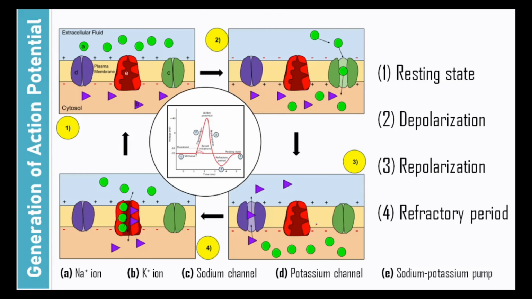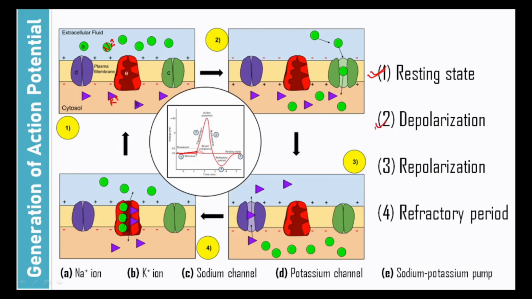Now, in a nutshell, this is the first stage, the resting stage. A is the sodium ion, more in the extracellular fluid, and B is the potassium ion, more in the cytosol. So this is the resting condition.